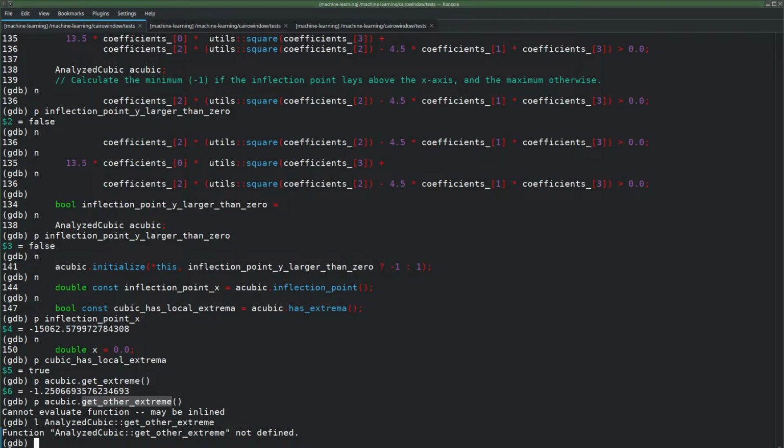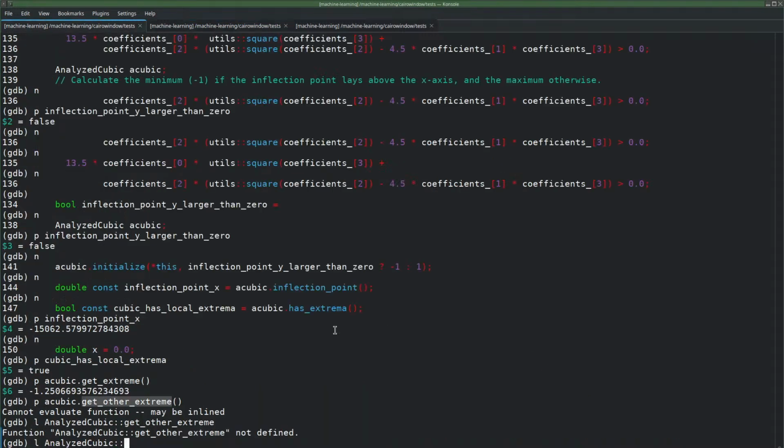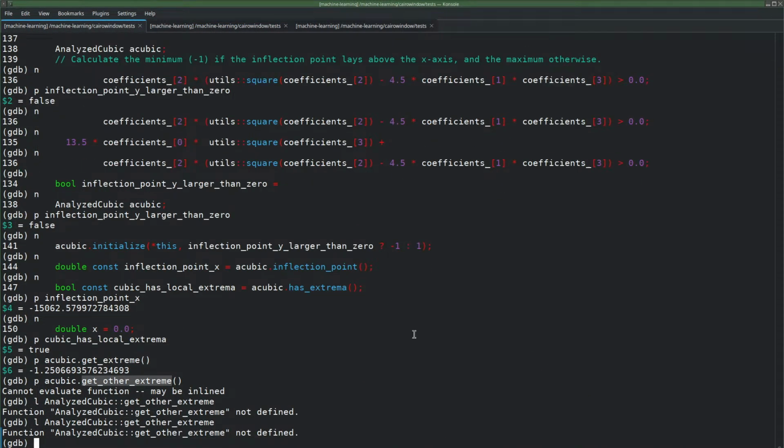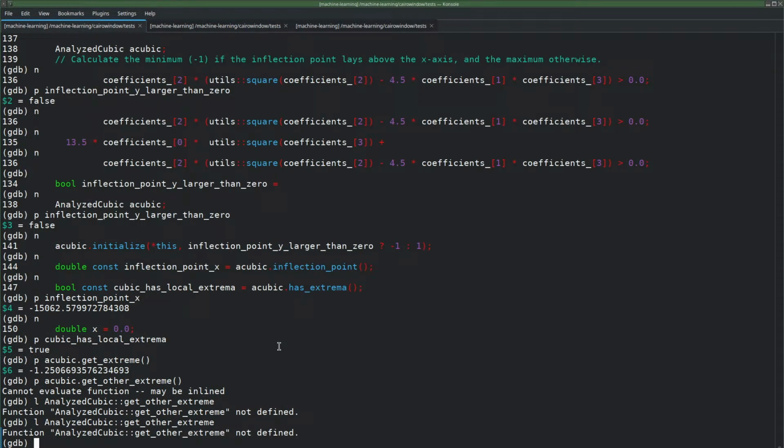Not defined. No, nobody gets it. Stupid GDB.